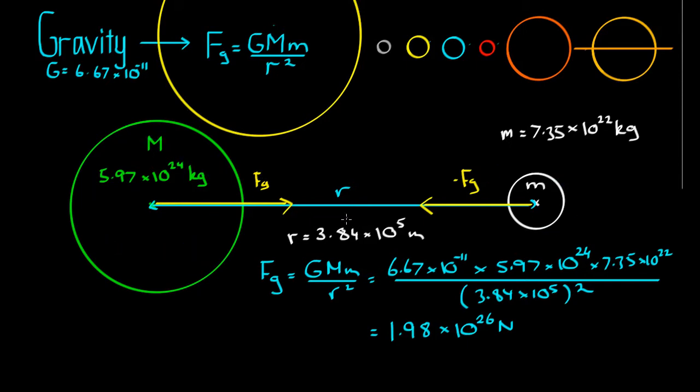Let's talk a bit about proportionality. If I double the radius here, this becomes times 2, and since it's squared, the bottom actually becomes times 4. So the bottom term becomes times 4, and therefore the force drops by a factor of 4.